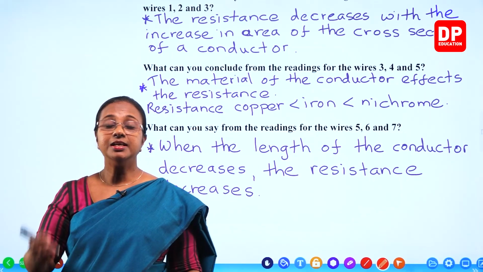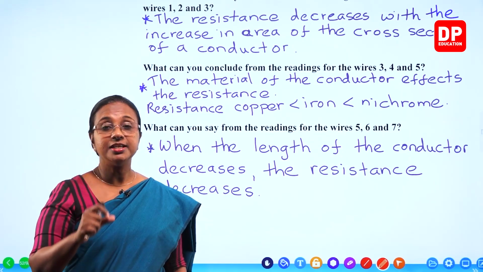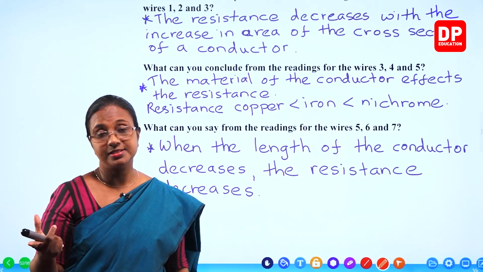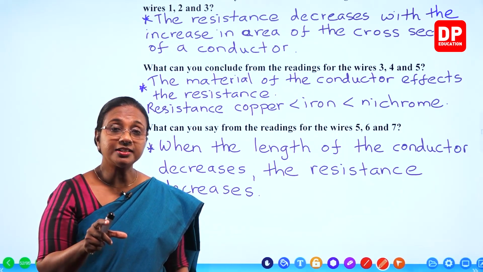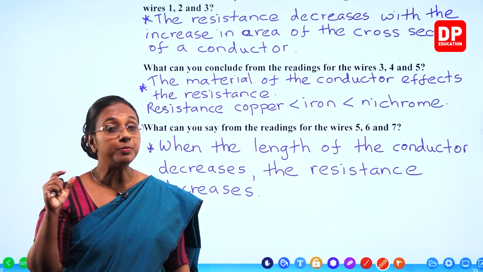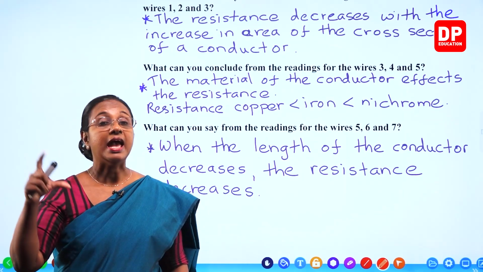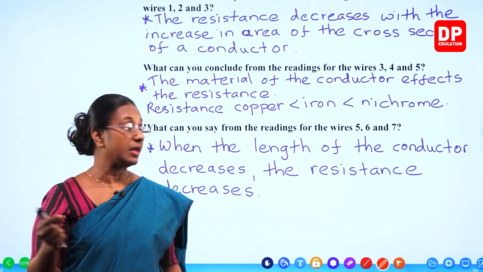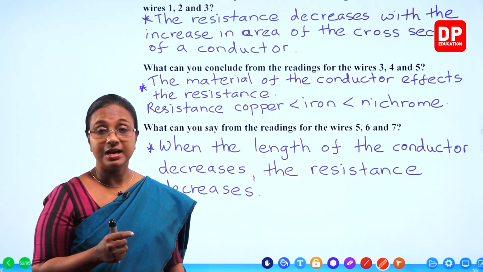So basically, shorter conductor, less resistance. Longer conductor, more resistance. So short conductors will allow more current to flow when the potential difference is constant. And long conductors will let less current flow through them because the resistance will be high.